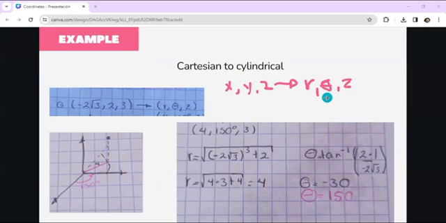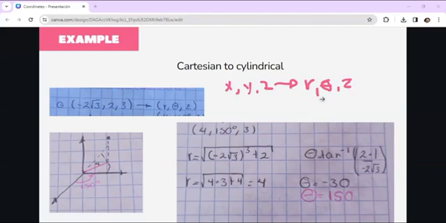Hi, teacher. We had as an example Cartesian to cylindrical: negative 2 root of 3, comma, 2, comma, 3.